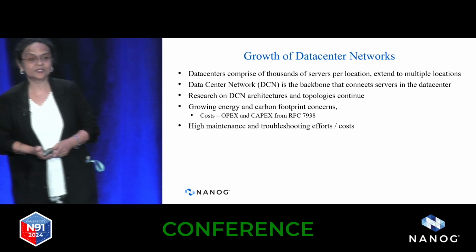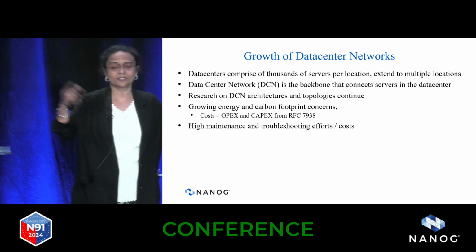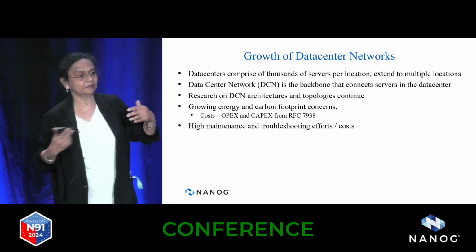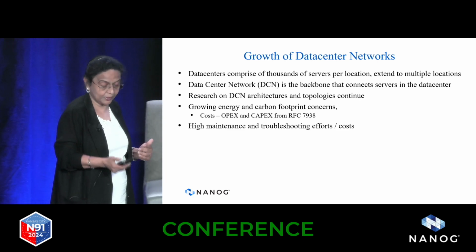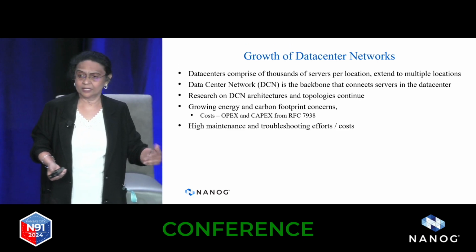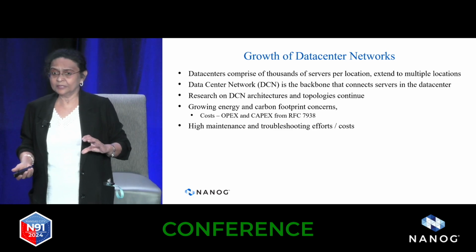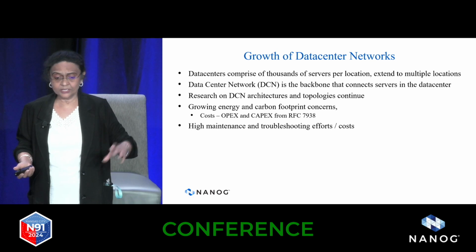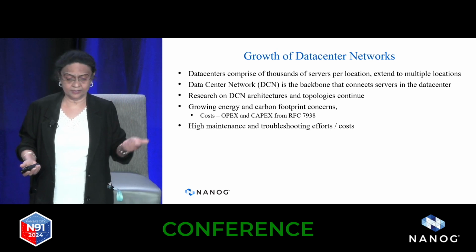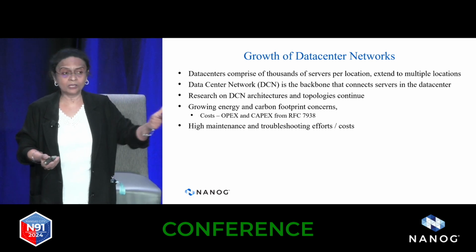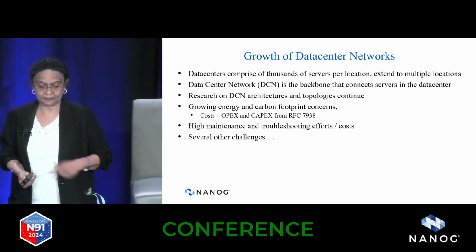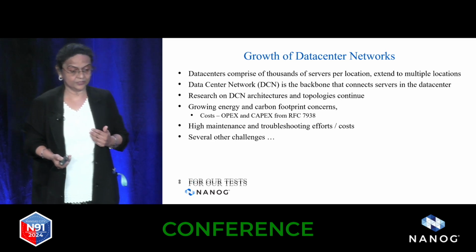High maintenance and troubleshooting efforts: data centers can be really huge, so maintaining them and troubleshooting if anything goes wrong is hard, plus the cost. The equipment cost is something this research project can cut down considerably. The research cost, the energy, and the carbon footprint can all be considerably cut down with the proposed solution. And there are numerous other challenges.